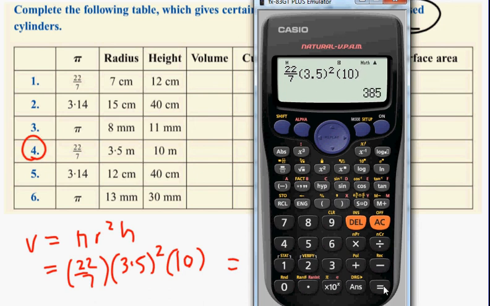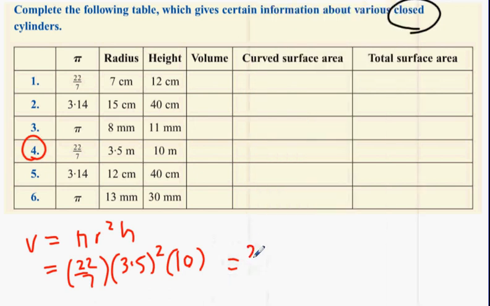Press equals 385. Centimeters squared, meters cubed, centimeters cubed. What's your choice? It says meters. It's volume, which means it's 3D, which means meters cubed. 385 meters cubed.